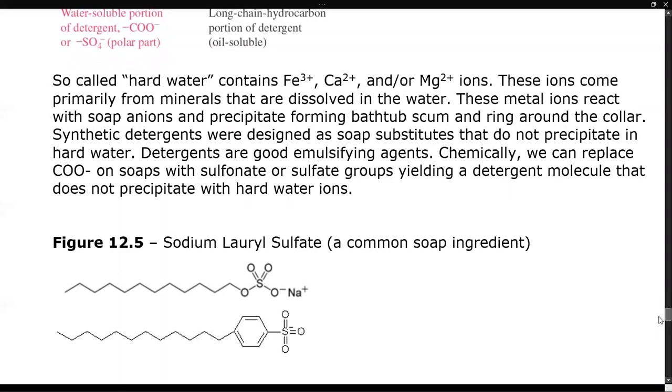And you can easily see that they have a different group, but the same very concept: long nonpolar molecule, but polar group at the end. These tend to be a little bit more soluble with hard water metal ions. But they're in common synthetic soaps. If you look at your shampoo bottle, it has sodium lauryl sulfate in it more than likely, and that is the actual soap.